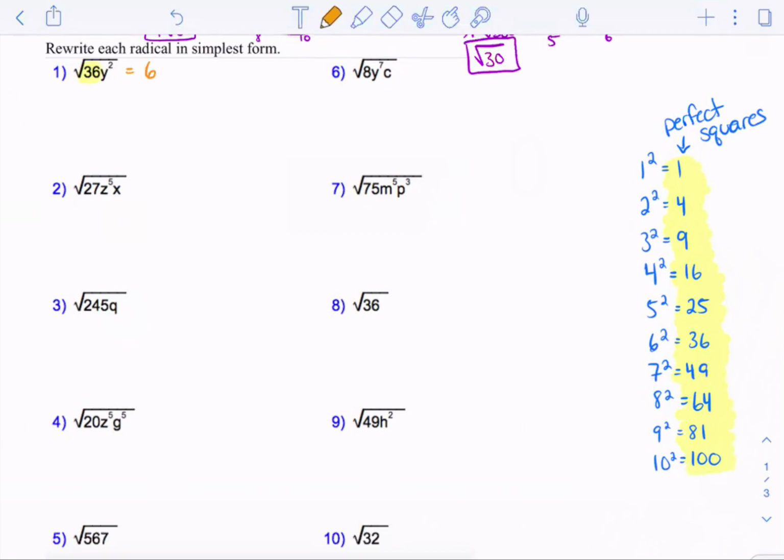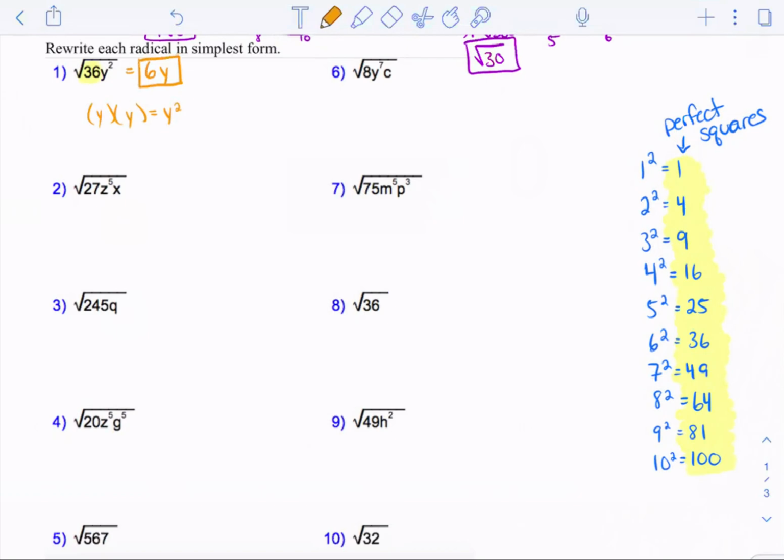Now, taking a look at y squared, you want to ask yourself, what number times itself gives me y squared? And there is an answer to that. The answer is y. So this is a perfect square. So 6y is the correct final answer here.